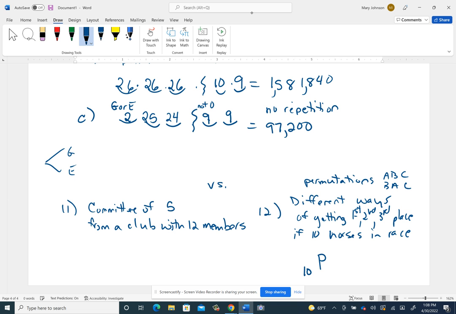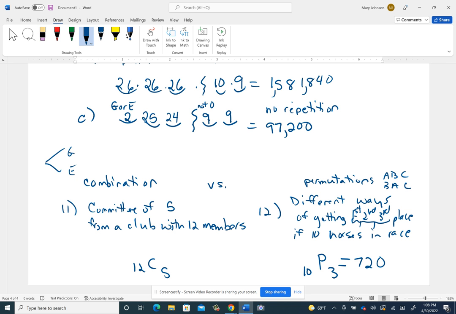So you have 10 possible horses and you're looking for the top 3 finishers. You do 10 and then use the button that has the P on it, and that winds up being 720. All right, over here, this is a combination situation, because you're just grabbing a committee of 5 people out of these 12 people. That's 12C5.